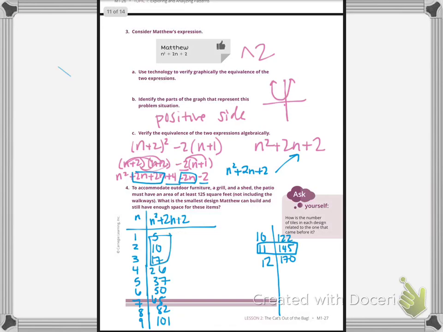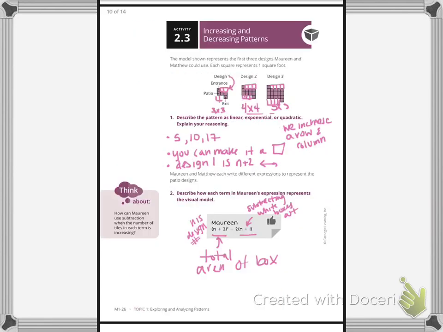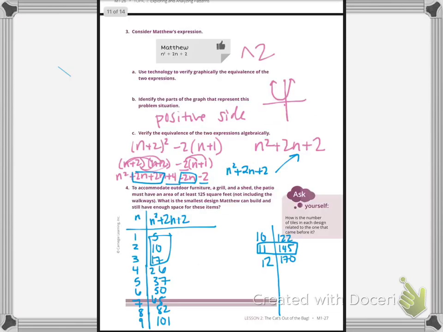if I go back, our pattern was we added 5, 10, 17. If you take the difference, you should be getting a pattern with that. I'm going to show you. If I take 10 minus 5, I get 5. 17 minus 10, I get 7. So I'm taking the difference, so I'm subtracting. 26 minus 17 is 9.